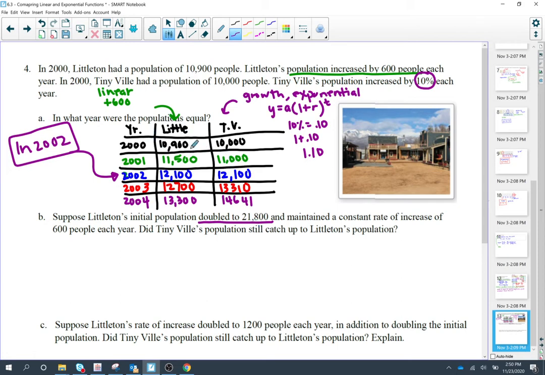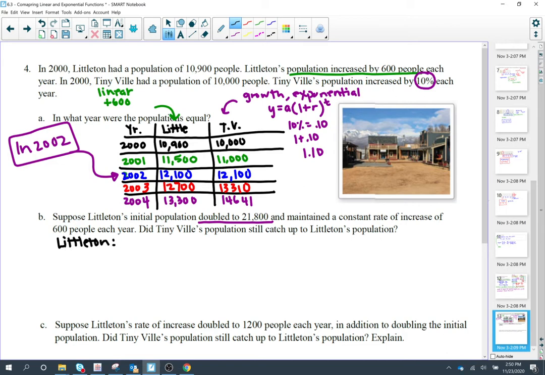So if these guys start relatively close together, Tinyville is eventually going to catch up. Well, what if this guy started a lot higher? Will Tinyville catch up? In order to do this, we're going to look at it graphically. So in order to look at it graphically, I first need some equations. I'm going to start with Littleton.